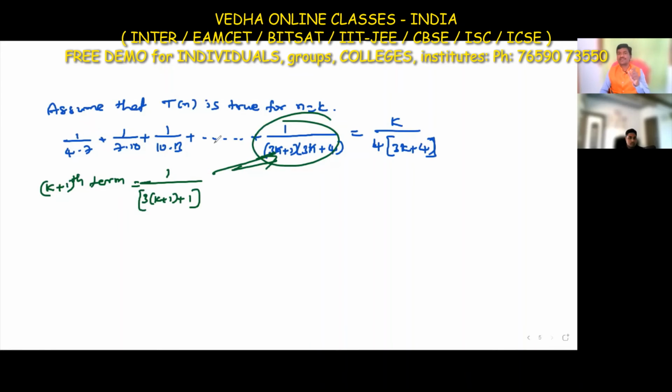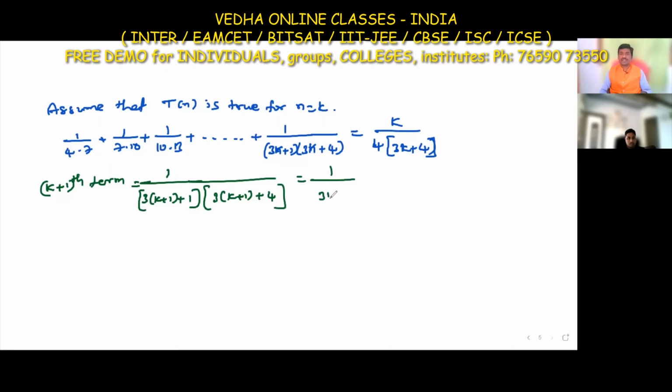In this nth term, we are substituting k plus 1, into 3 into k plus 1 plus 4. Simplify: this is 1 divided by 3k plus 3 plus 1, that is 3k plus 4, and 3k plus 3 plus 4, that is 3k plus 7.